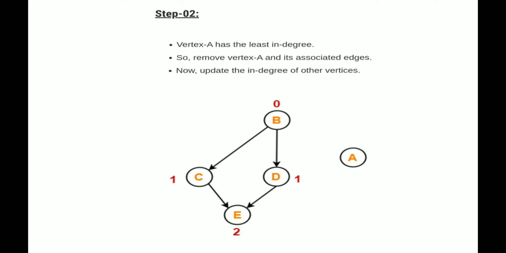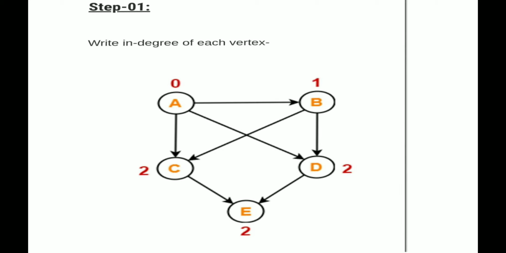Then after removing the vertex, update the graph. See, once we remove the vertex, we have to remove the associated edges also. If you observe the previous graph, the in degree of vertex A is 0, and vertex A is associated with two edges.